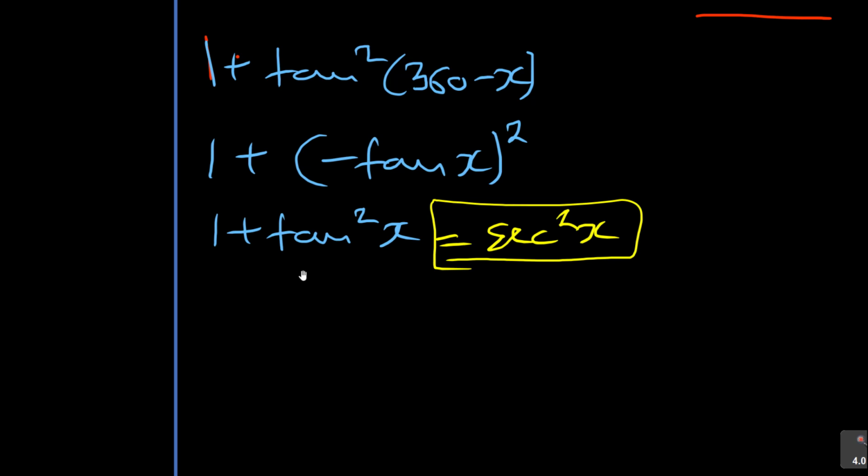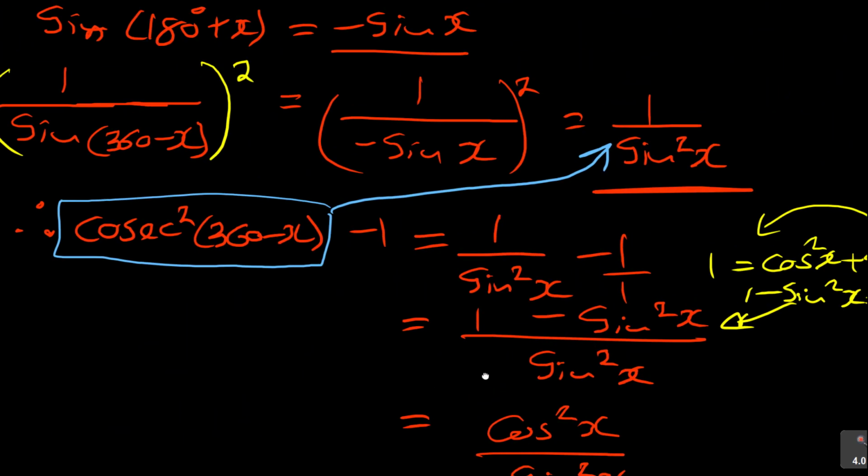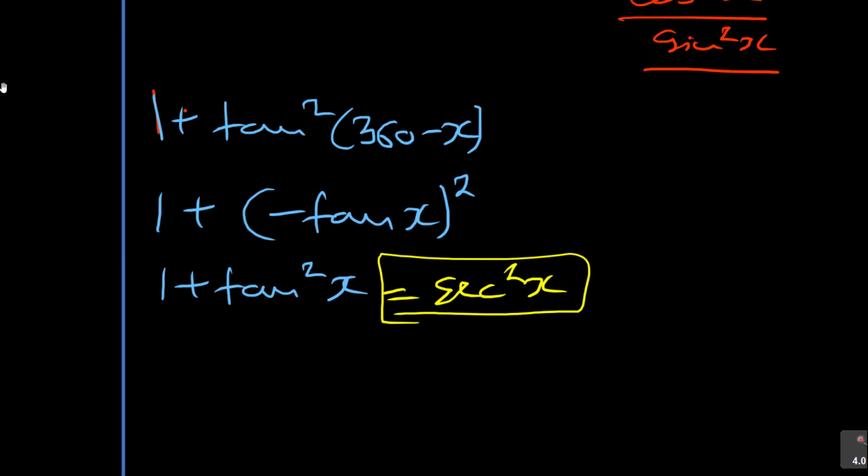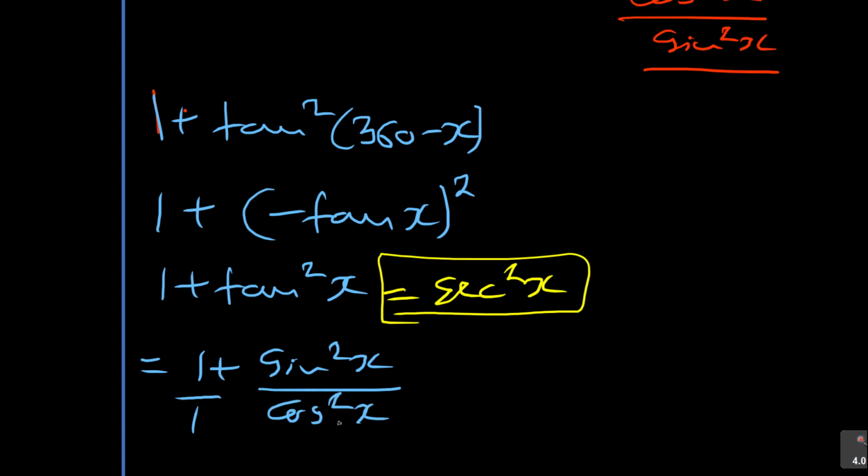I convert these to 1 plus sine squared x over cos squared x. This is over 1, which is equal to cos squared x here.